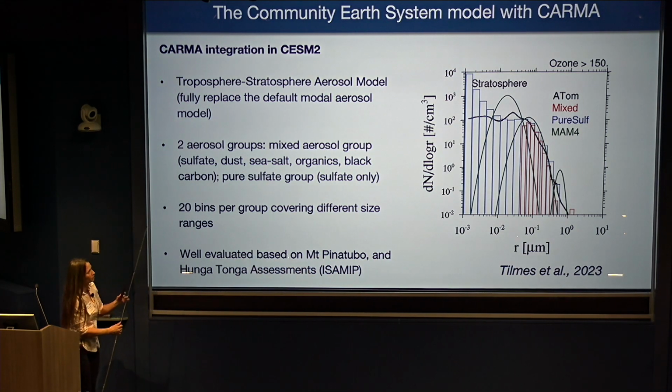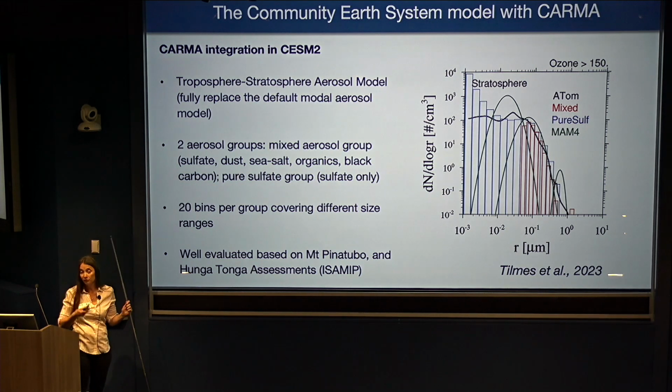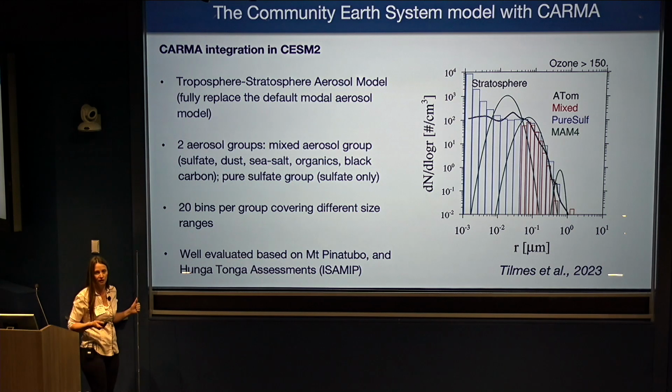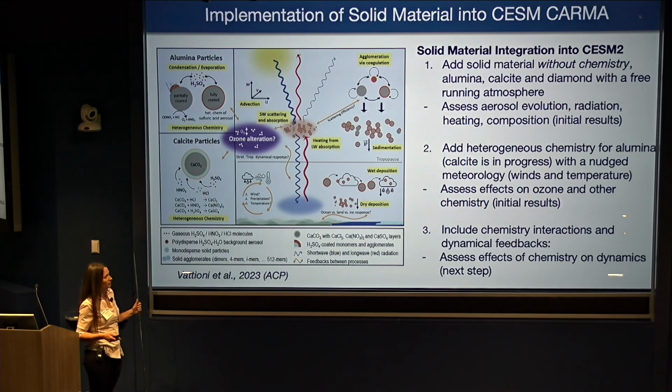We have different groups initially, mixed aerosols and a pure sulfate group, and what we will do is we add these other solid materials to this. We have evaluated the model a lot. Ilaria, for example, has done a lot of evaluation with volcanic eruptions, Hunga Tonga or Mount Pinatubo, and also used it, as I said, for stratospheric aerosol injections. And so Sandro and their team had done a lot of work in the past with the so-called model, implementing the aerosols, alumina, calcite.